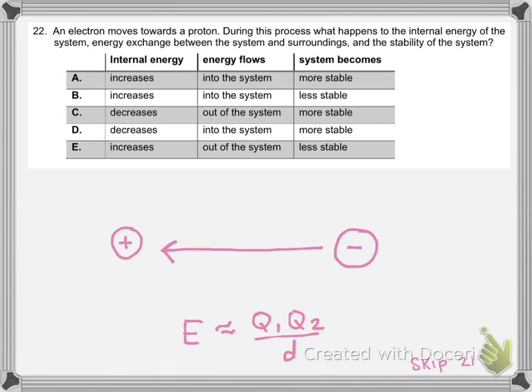And so as this gets closer and closer, the distance decreases. And that means overall the magnitude of our energy is going to increase. When I say that, I just mean we're going to get a bigger and bigger negative number as the distance decreases.